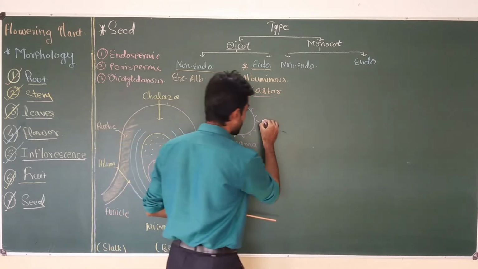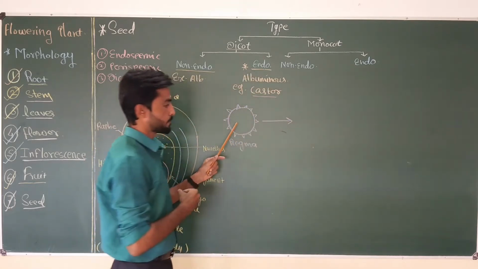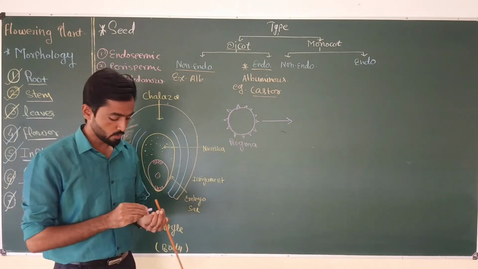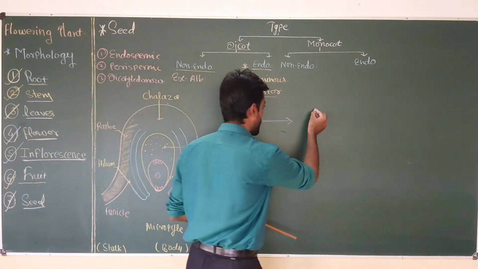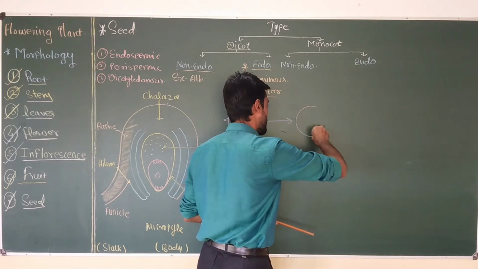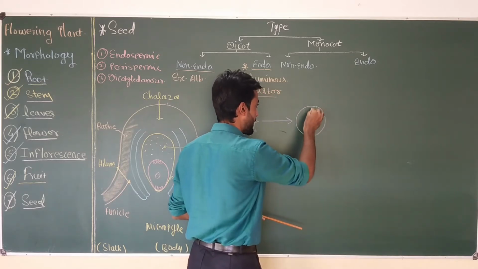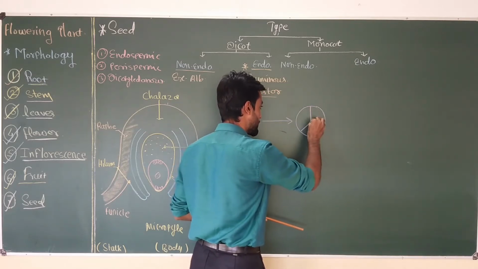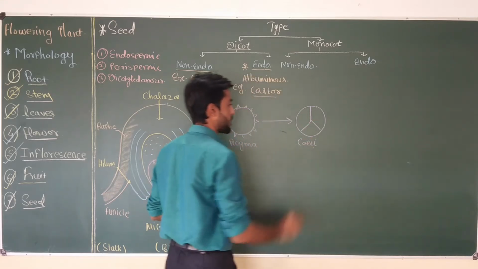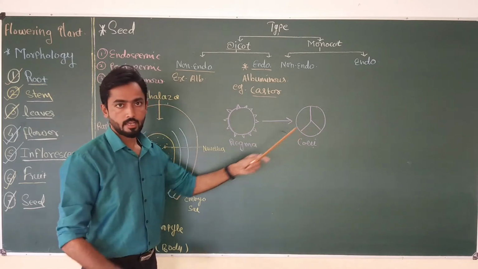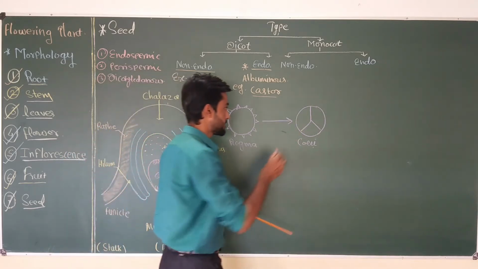After maturity, this fruit breaks into three chambers and they are called cocci. Okay, so after maturity, the regma breaks into three chambers, and they are called cocci. Now each coccus has a single seed.